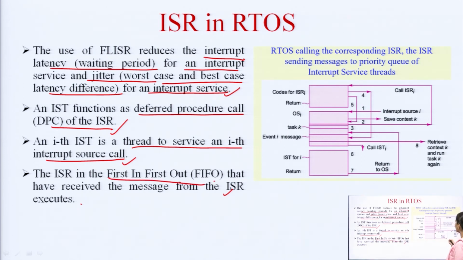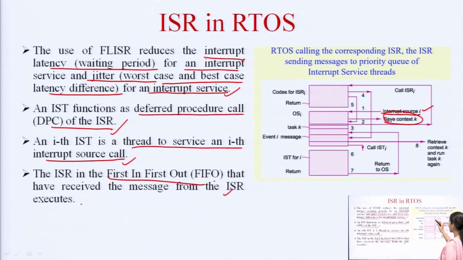Now this shows what is happening. In the first step the interrupt source call arrives. In the second step the contexts are saved. In the third step the ISR routine is called. This is the code for the ISR, and this is the return statement here.